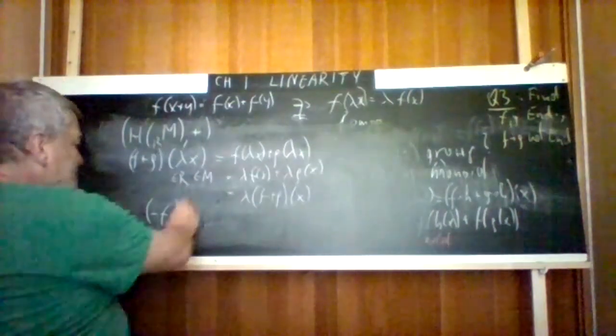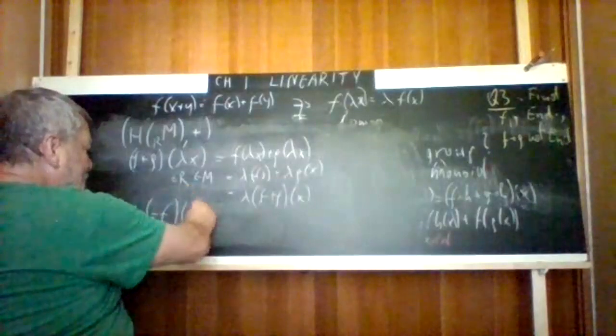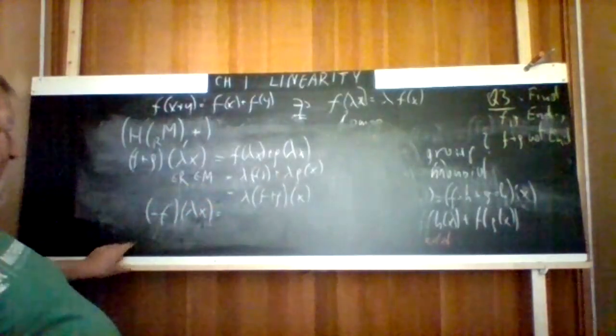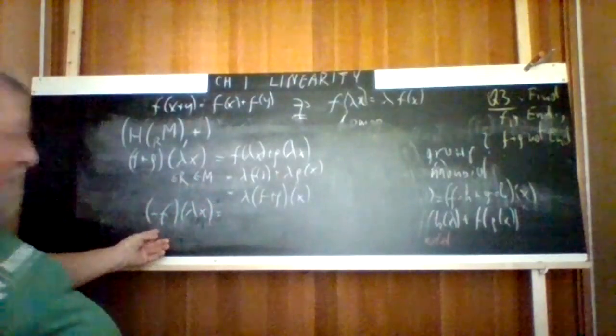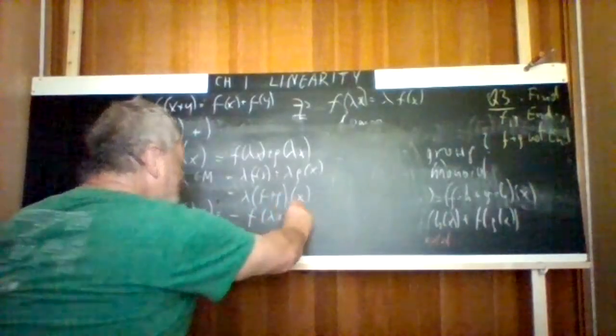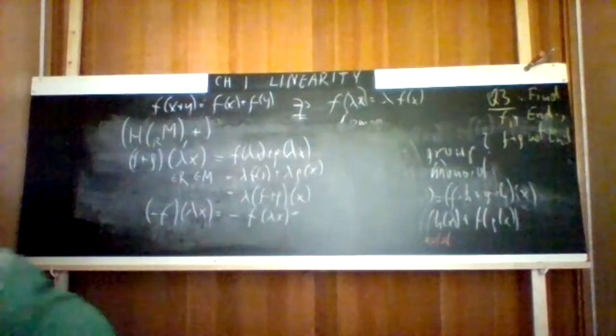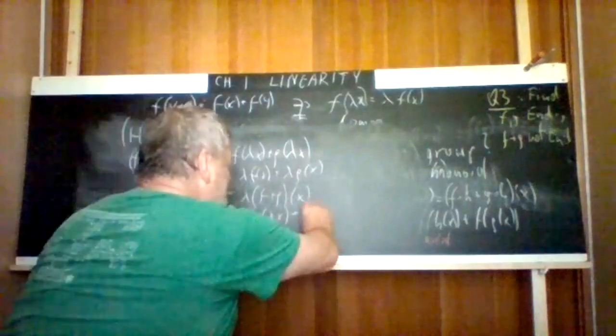Minus f, we apply it to lambda x. And we see what does this mean? Minus f is just minus f of lambda x. And f of lambda x, okay, we can simply write it as lambda f of x with a minus before.